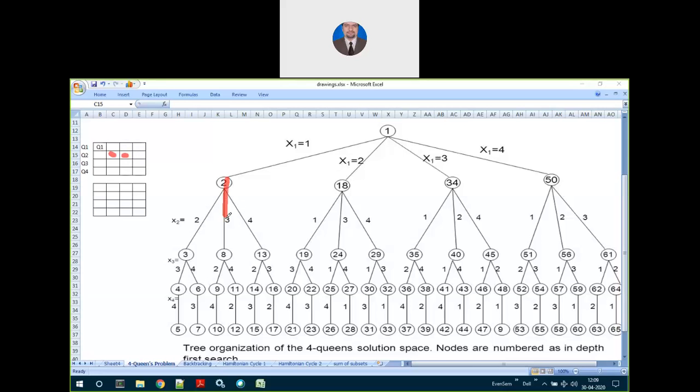from 2 to 8 if I travel, then from 8 I will be having two possibilities. The first possibility is that for the third queen I can keep it on the second column.